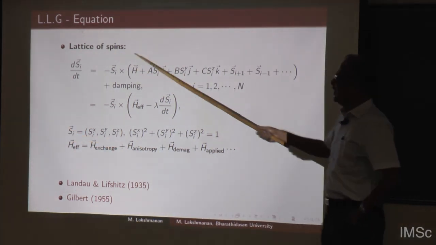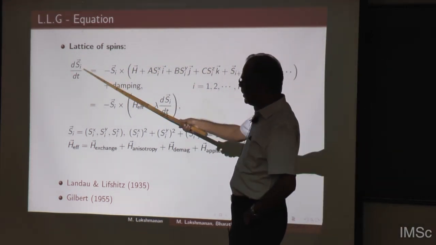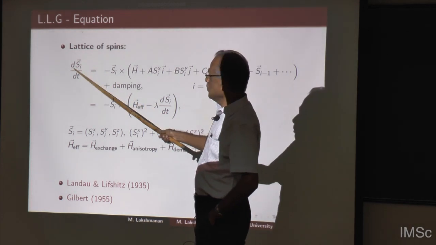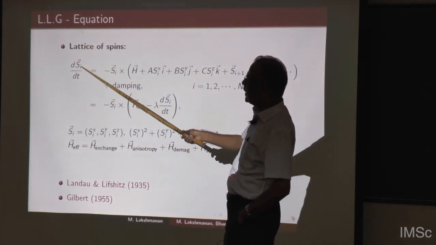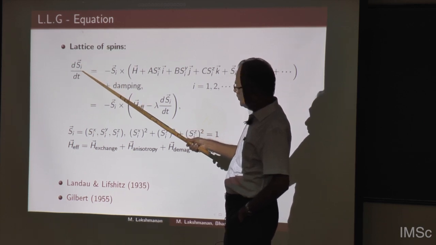So you can consider a lattice of spins, a three-dimensional cubic lattice, and write down the evolution of the ith spin, the unit vector Si.